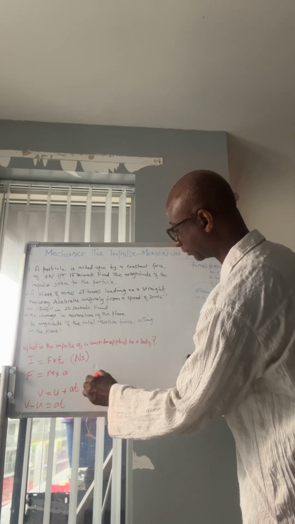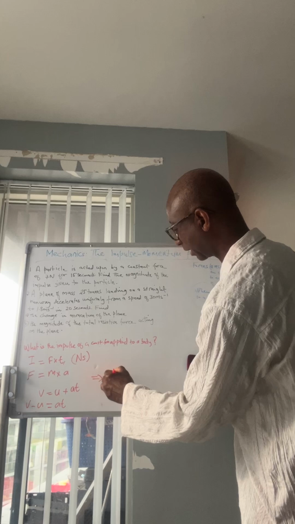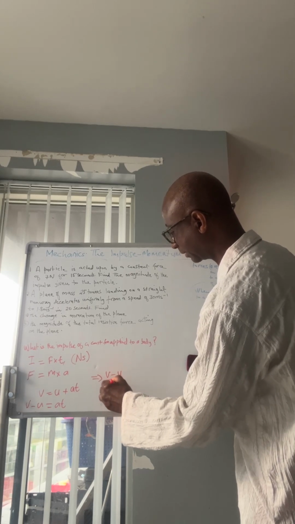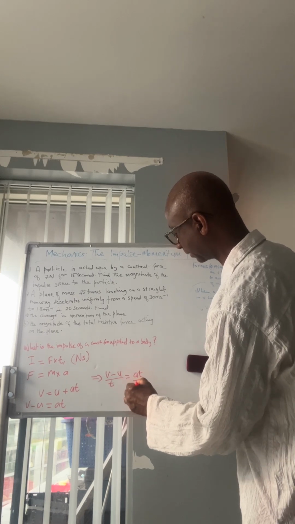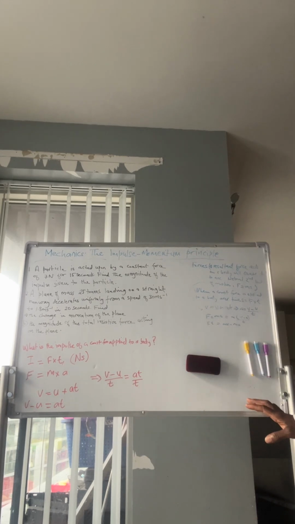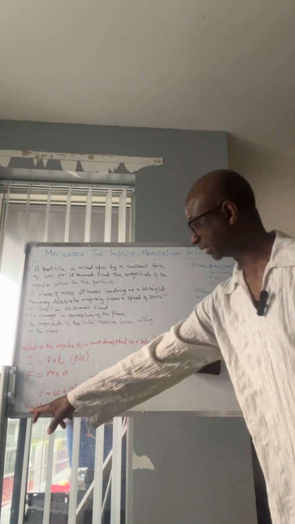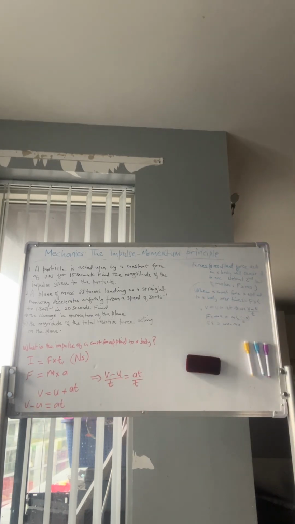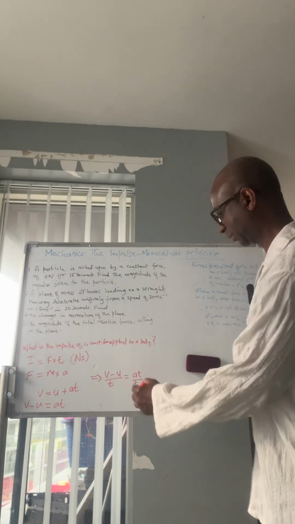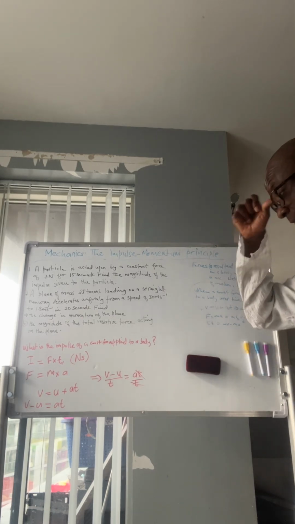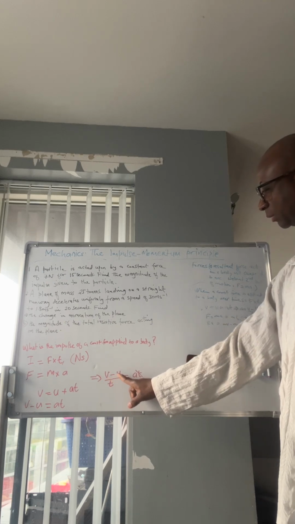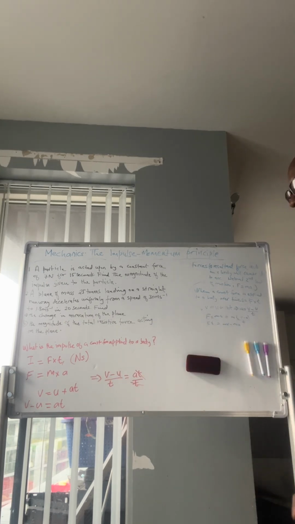So now you will have v minus u divided by t equals a t divided by t. We haven't done anything, we just divided this side by t and that side by t as well, so that the equation remains unchanged. If we cancel t here, we only have the acceleration. So v minus u over t equals acceleration.